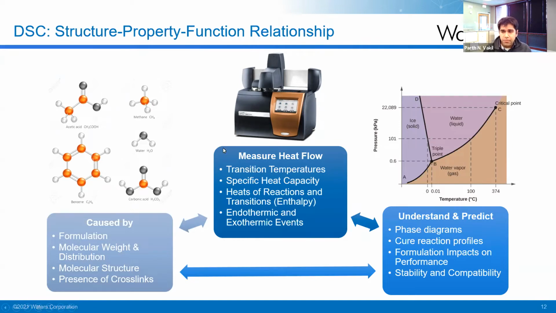And you do that by measuring the heat flow and transitions that show up in the measurement. Then that can help you predict how the material is going to behave when it's applied. It'll give you insight into how the formulation is affecting the properties of the material, and eventually how stable and compatible this material is going to be in its final usage. So a really powerful instrument.